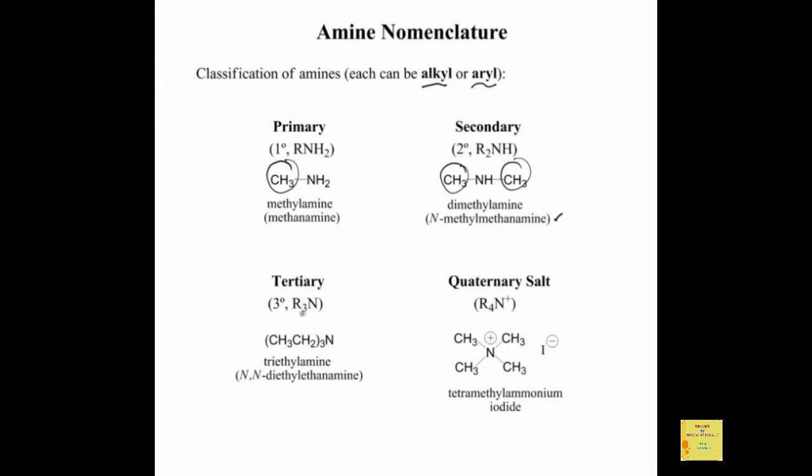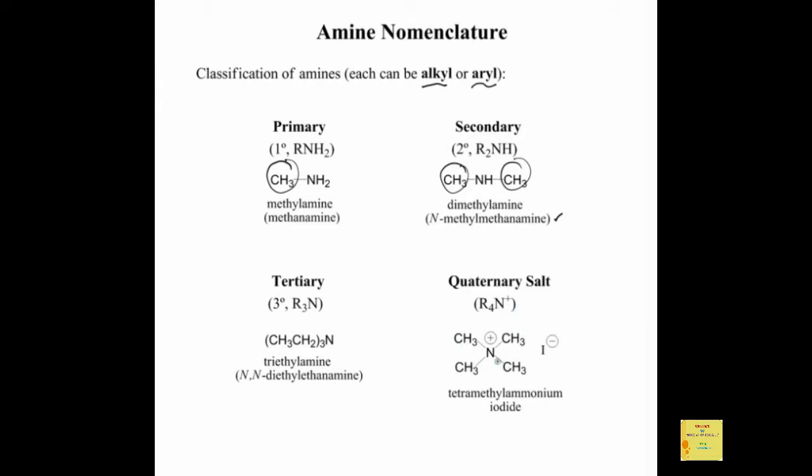Okay, tertiary is what we have when we have 3 alkyl groups or aryl groups, 3 groups attached to the nitrogen. So this is called triethylamine, would be a common name for this, and that's usually how we call it, because look how big and awful the IUPAC name is. That's called a tertiary amine, and it's even possible to have 4 bonds to nitrogen.